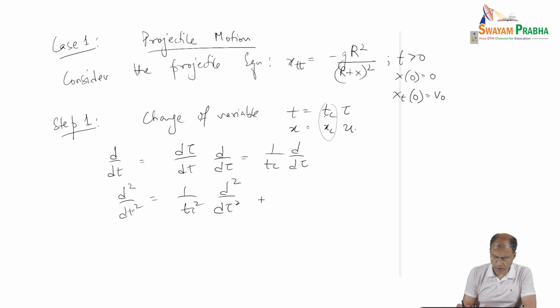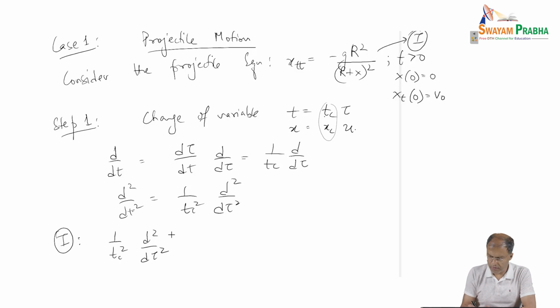So now what we have is, let me call this model as model 1. Using this change of variables, 1 can now be written as 1 over tc square, second derivative with respect to tau of xc of u is equal to minus g R square by (R plus xc of u) square.